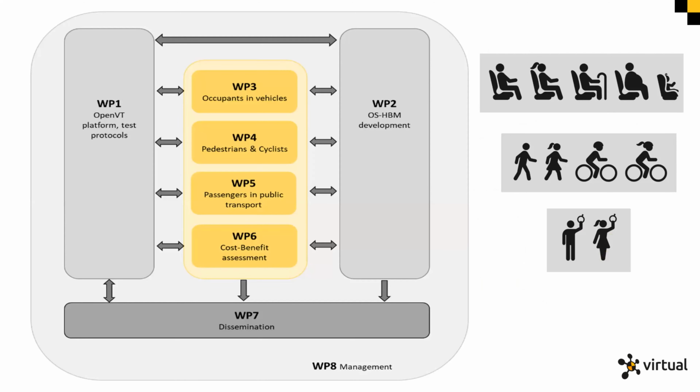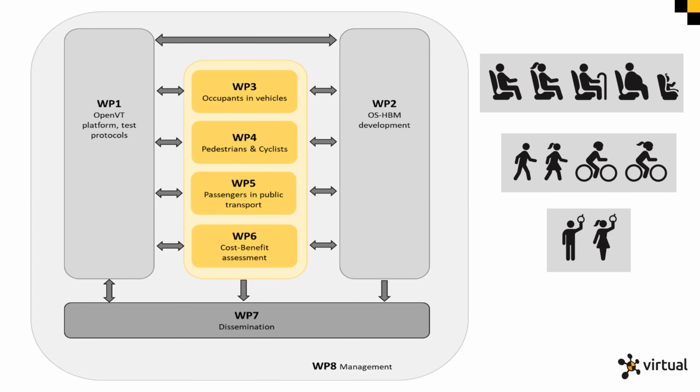The VIRTUAL project is organized as you see here on the slide. We have one work package where we develop the OpenVT virtual testing platform, where we have the test protocols and so on. The second work package is where the human body models, called the VIVA Plus models, are developed.